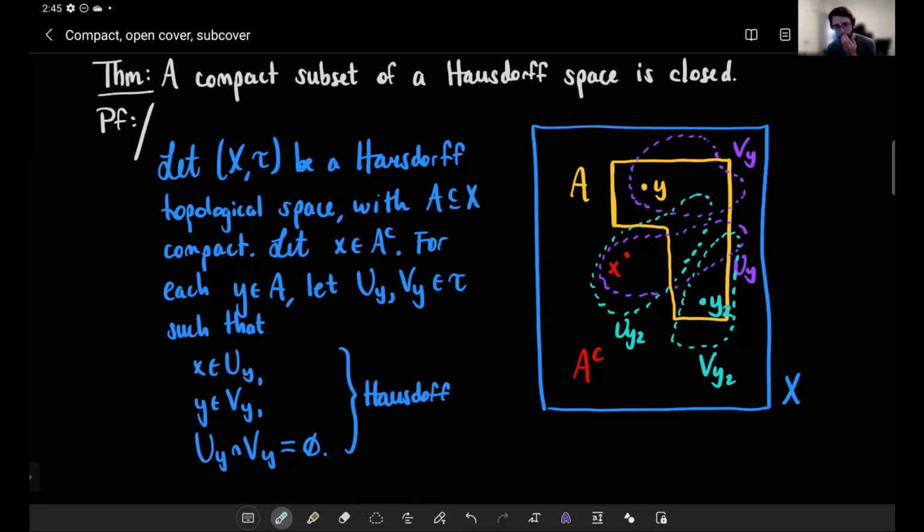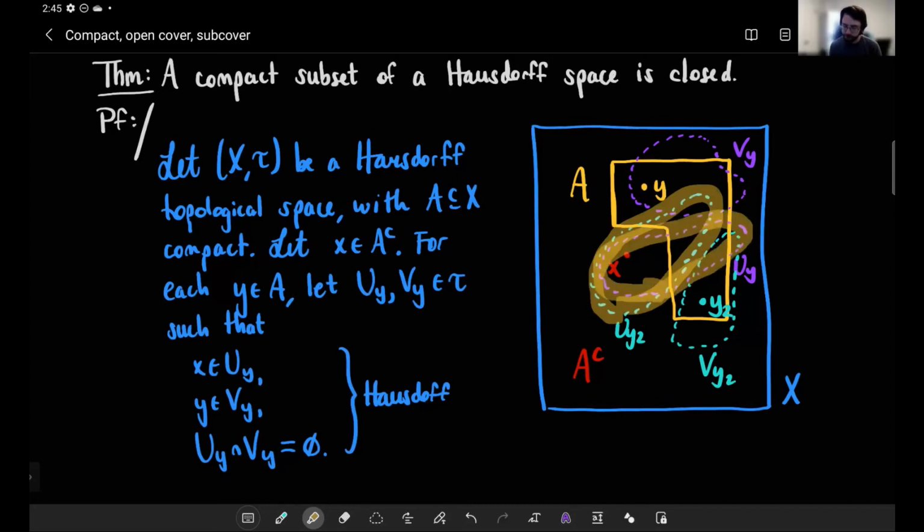Now, what you might think to do if you keep drawing these is, the way I could get around the fact that these sets actually bleed into the set A, is you might think, what if I take intersections of them? Intersections will make the set smaller, and so the intersection of those two sets would be like this.